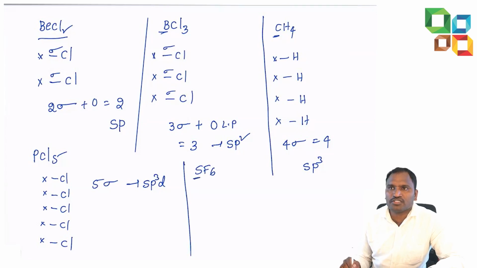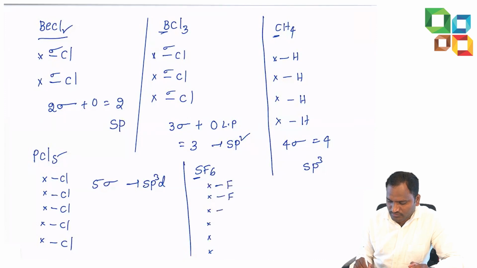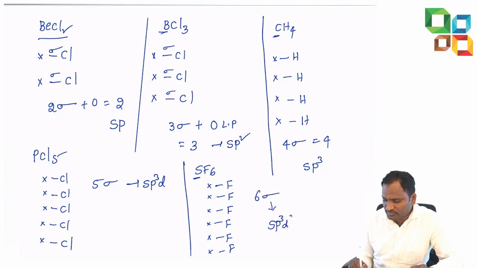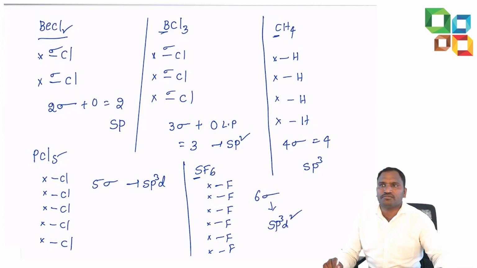Sulfur has 6 valence electrons since it belongs to the 16th group. 1, 2, 3, 4, 5, 6. Total how many sigma bonds, students? 6 sigma bonds. What is the hybridization? sp3d2. Only so much.